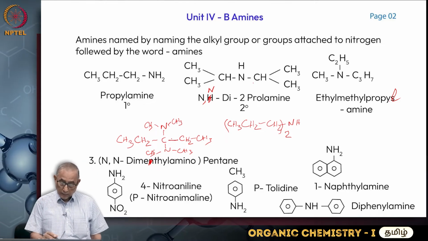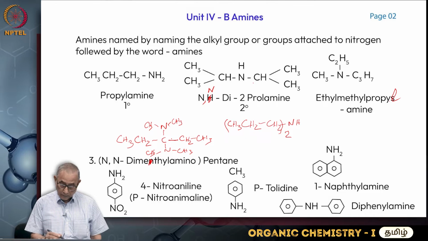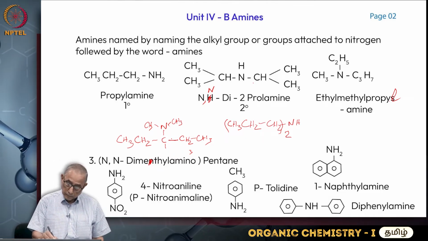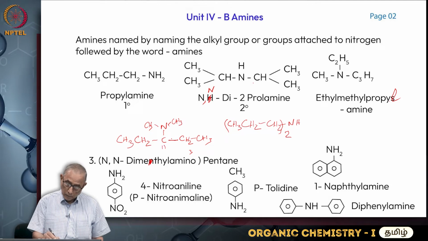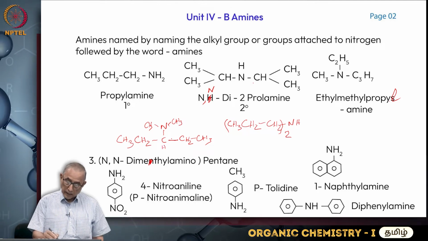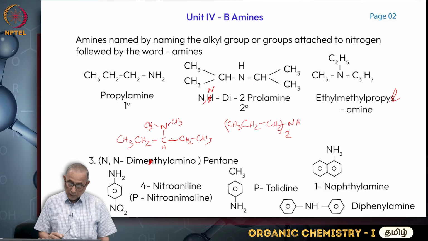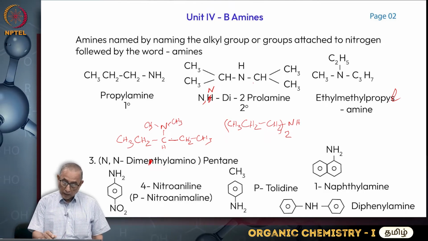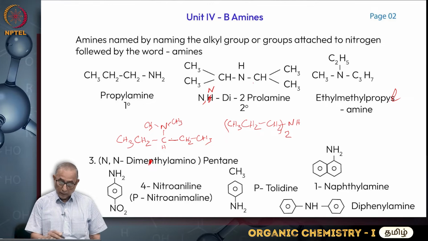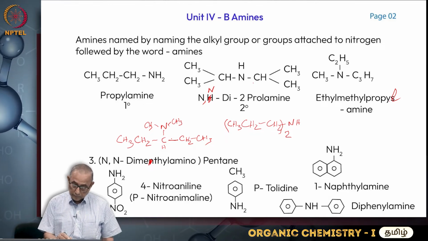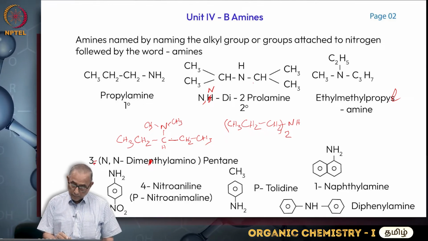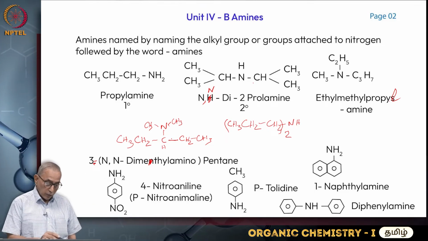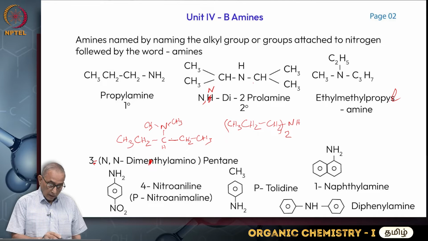This N,N means on the nitrogen you have 2 methyl groups. The dimethylamino group is attached to the 3 position of the pentane. So this is 3-N,N-dimethylamino pentane. When an NH2 group is attached to an aromatic ring, this is called aniline.